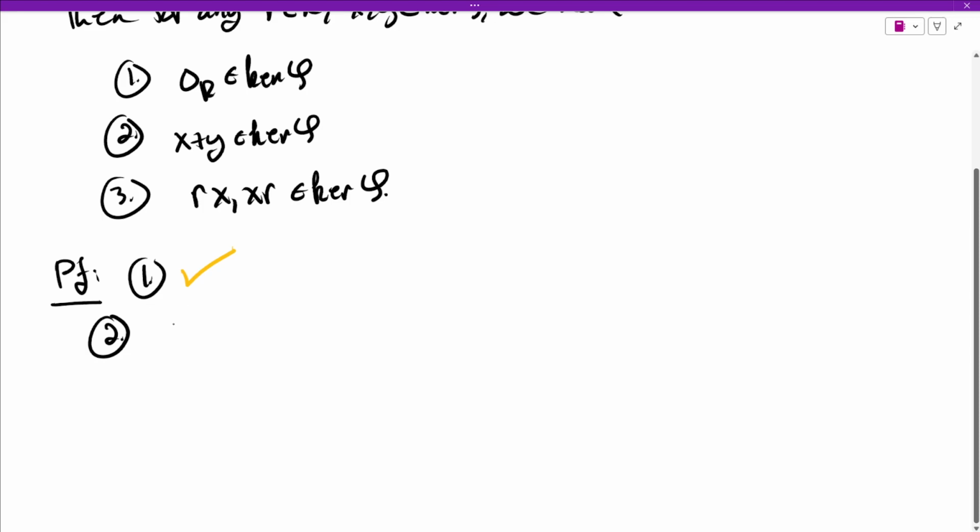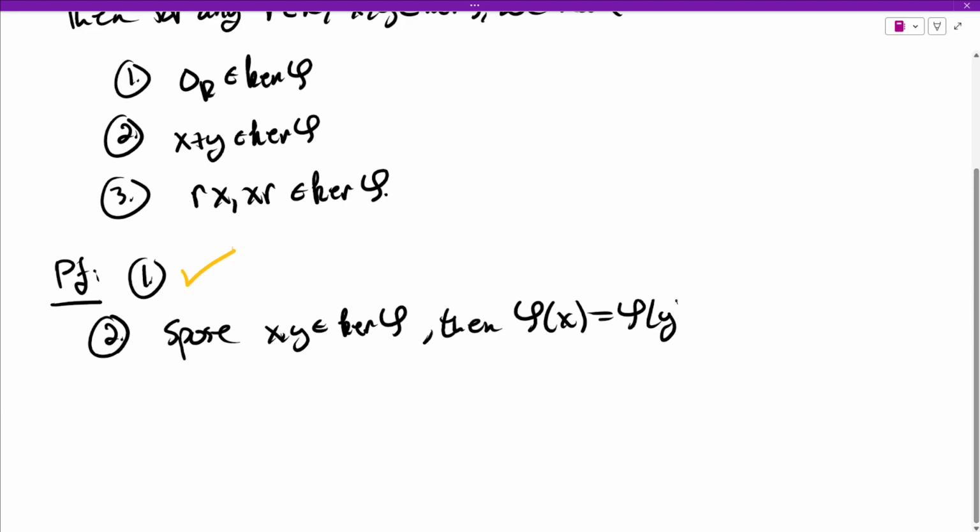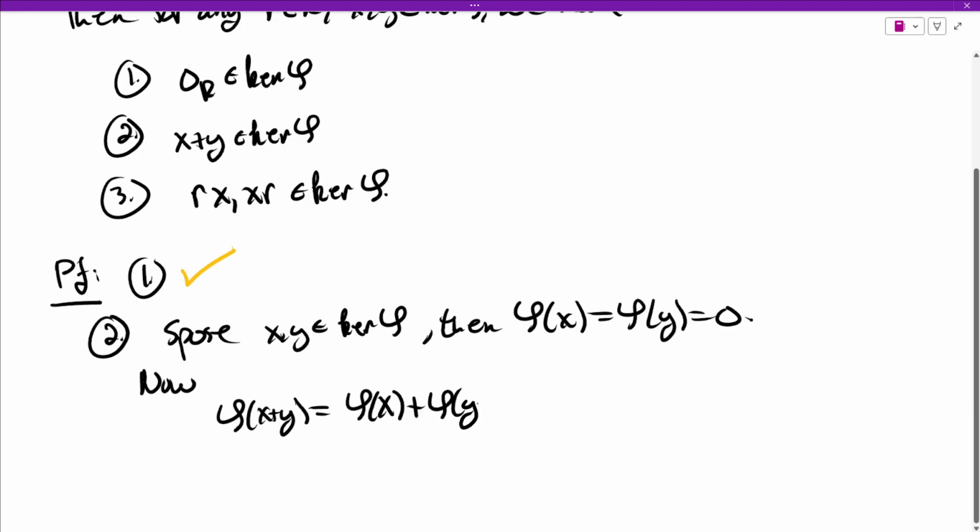For two, we're going to suppose that x and y are in the kernel. Then what that means is when we plug them into phi, we get 0. So we write out what it means to be in the kernel. Now phi of x plus y, well, phi preserves addition, or is compatible with addition, so it breaks up in that way.